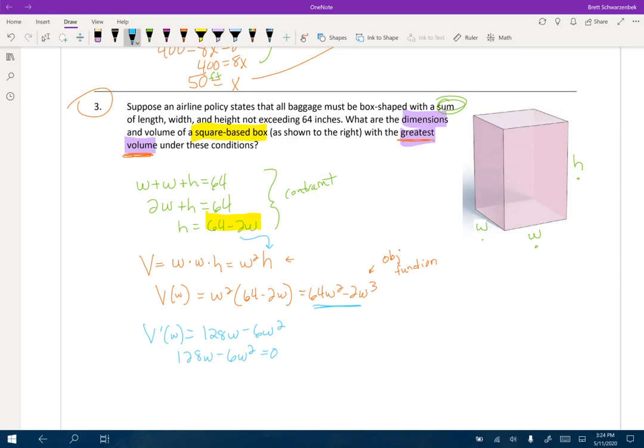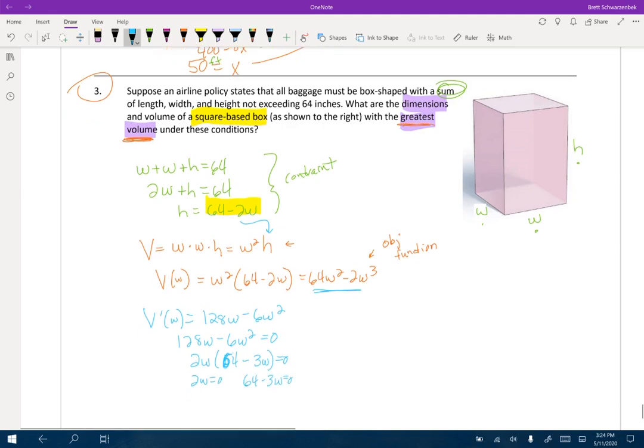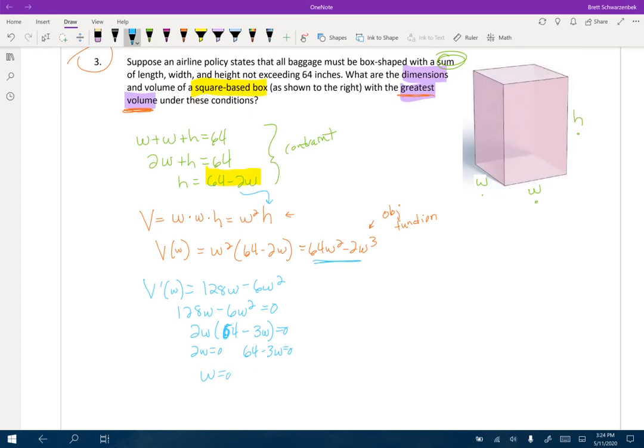It looks like 2W, so we're going to get 64, not 54, 64 minus, it looks like 3W is equal to 0. So we set this equal to 0, we set this equal to 0, and we get two results. We get W is 0, and we get W is equal to 64 thirds, which, by the way, is approximately 21.3.